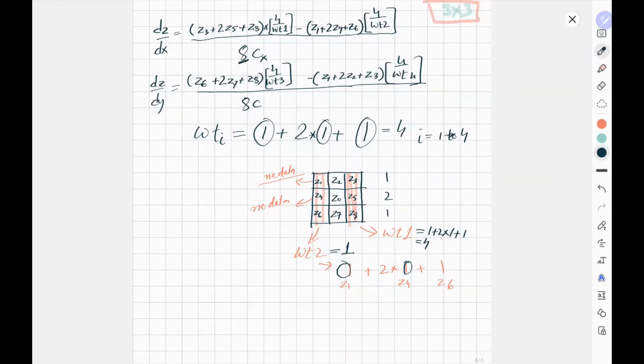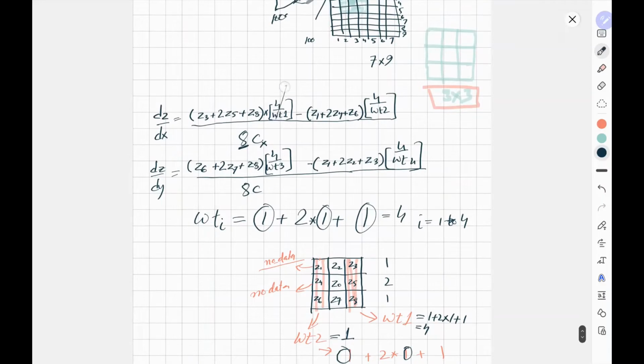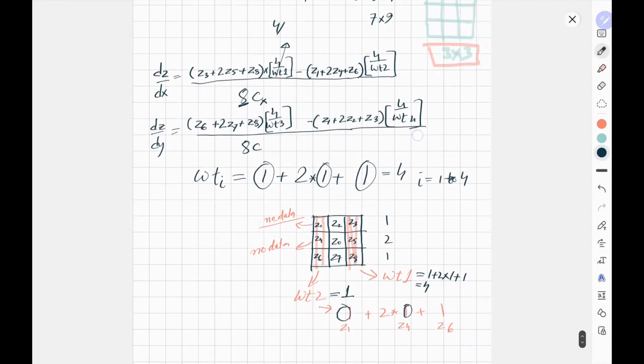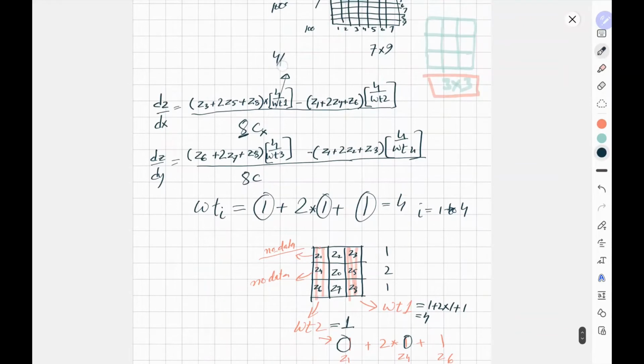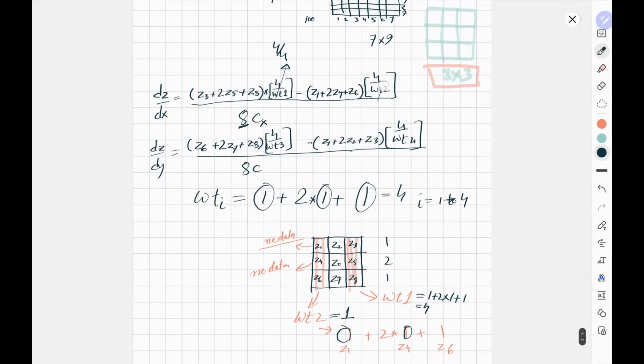So if you use this formula, for the first part in the x direction, this will become 4 divided by 4, okay? Minus the second one, which will become 4 divided by 1, okay? So that's how weights are working.